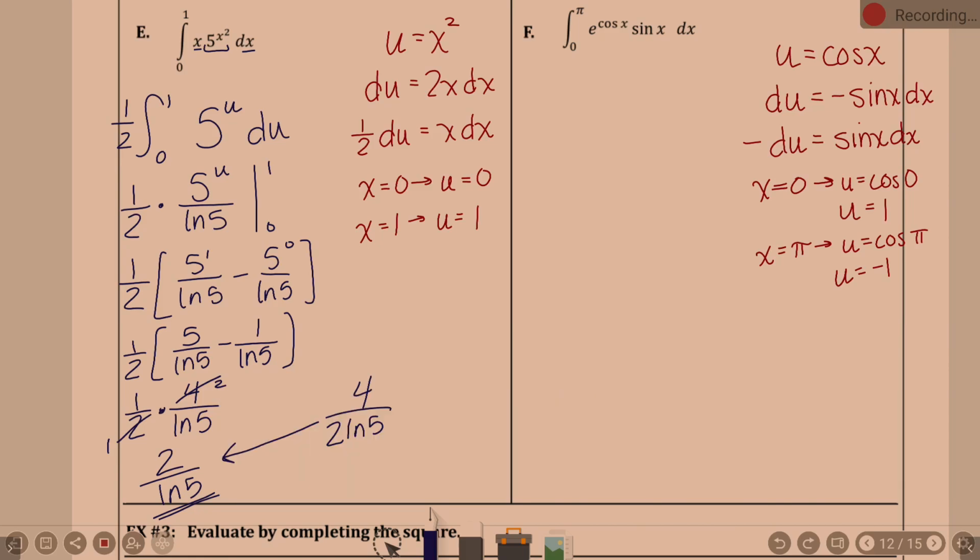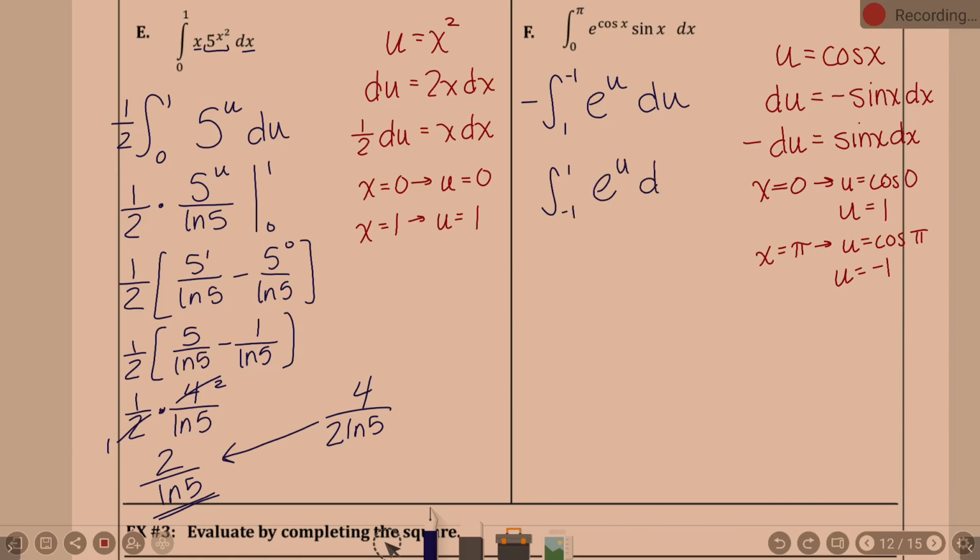I feel like they're all working out like this. So it was 0 to pi, now it's 1 to negative 1. E to the u, and sine x dx is negative du. Flip them. Easiest option here is to flip, so you're doing the integral from negative 1 to 1 of e to the u du.